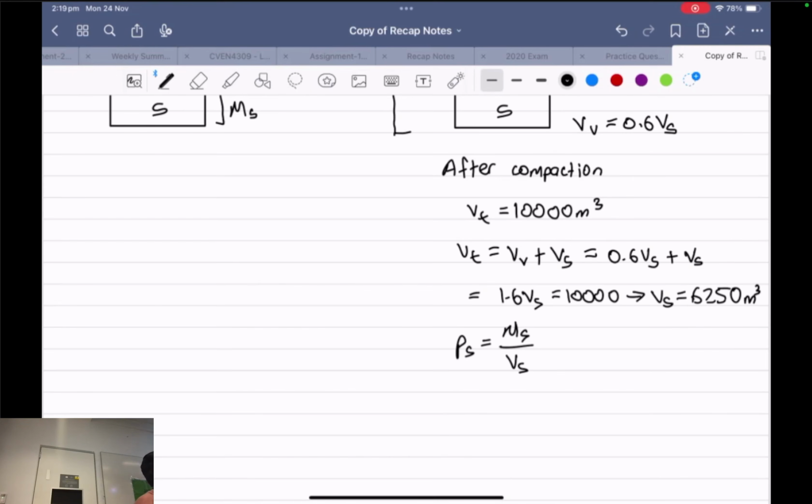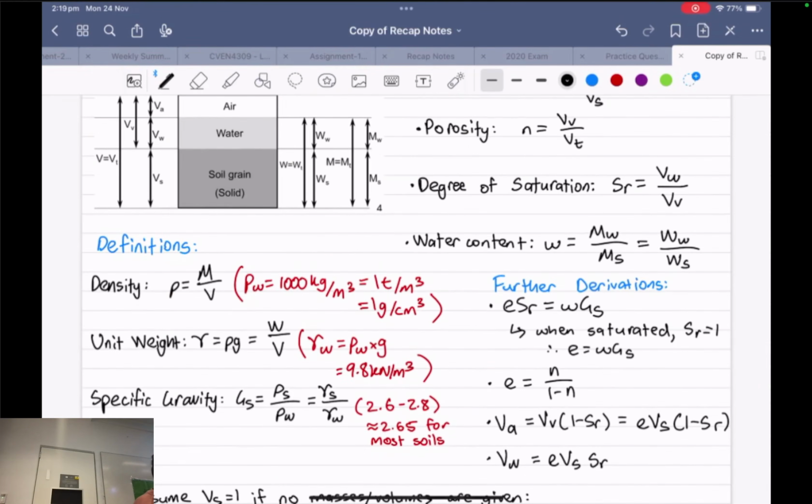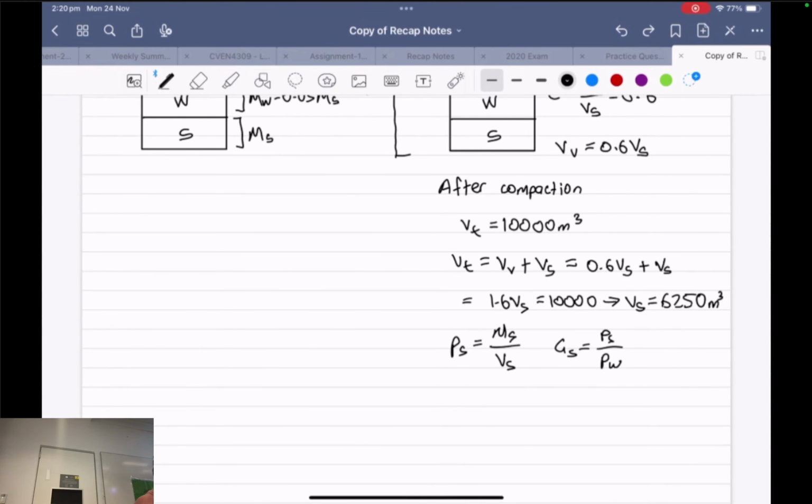Whenever you're looking for the density of solid, you can always use a relationship, GS is equal to rho S over rho W. Because GS is always known, 2.65, and rho W is always known. We said here it was 1 ton per meter cubed, right? So that means rho S is equal to GS times rho W, which is 2.65 times 1, which is 2.65.